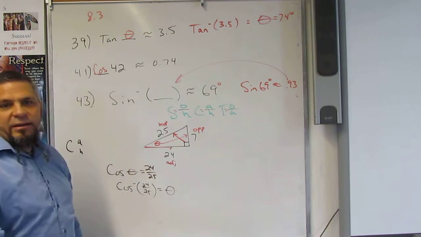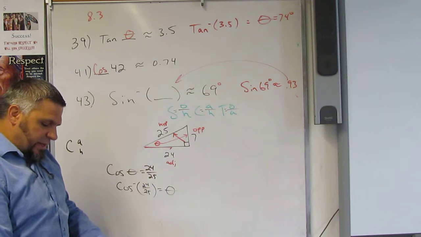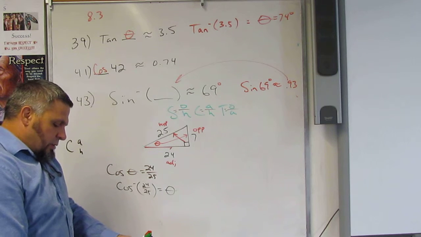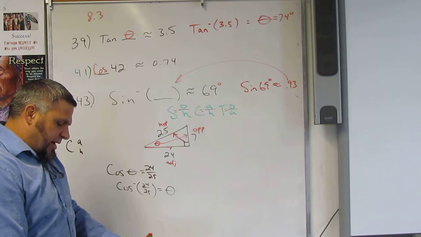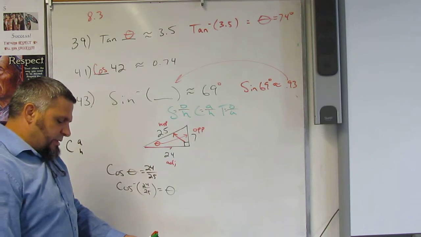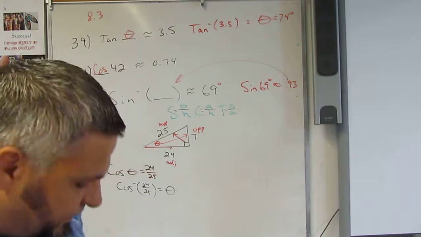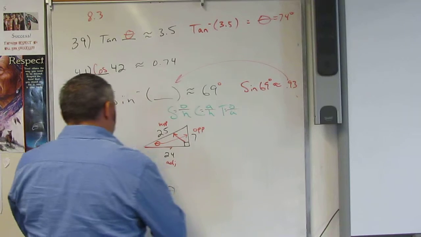Then it's just calculator work. Second cosine 24 divided by 25 equals 16.26.